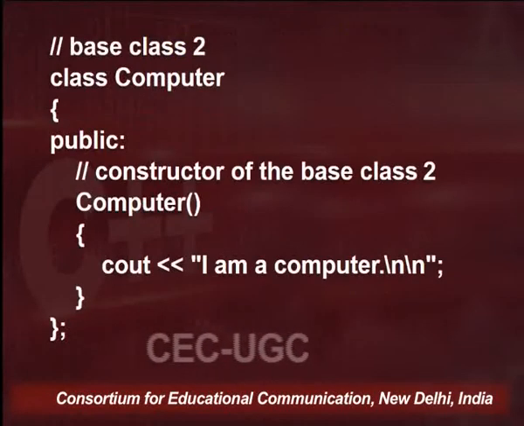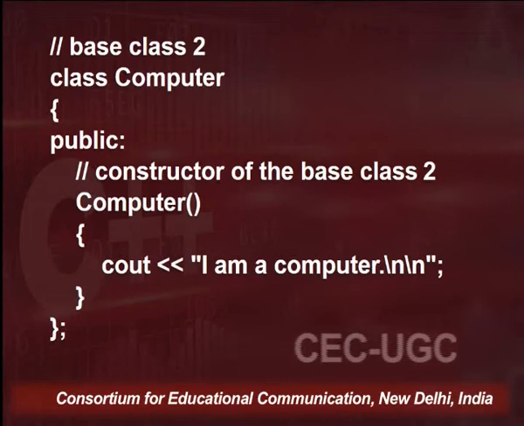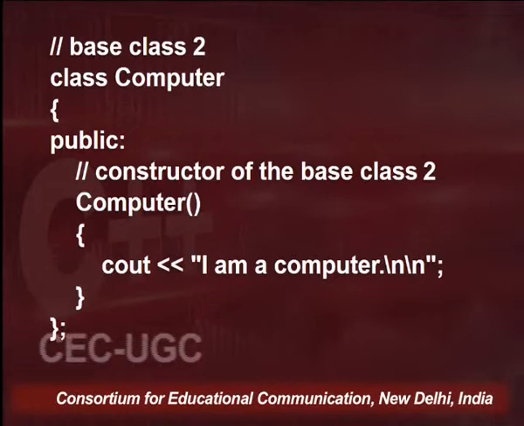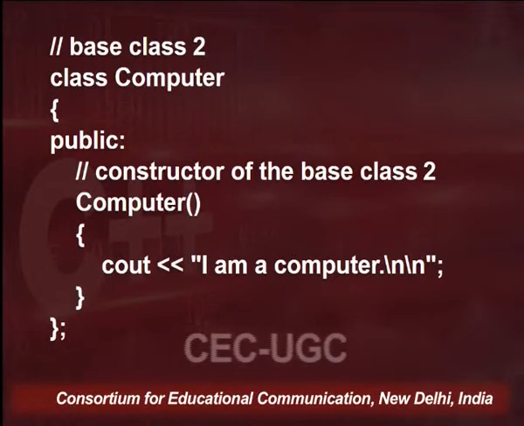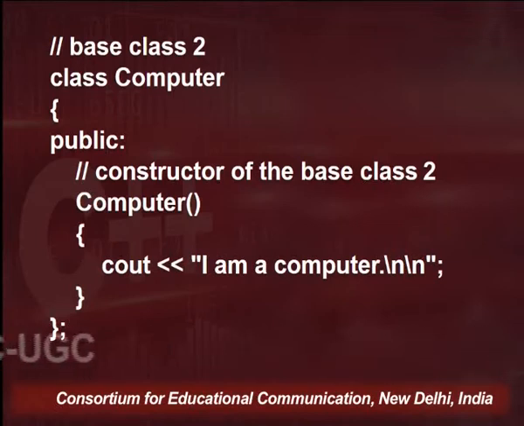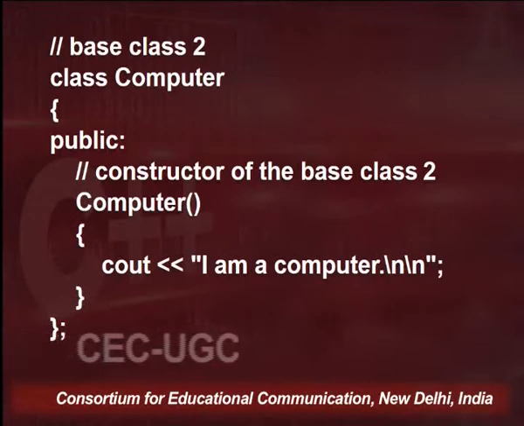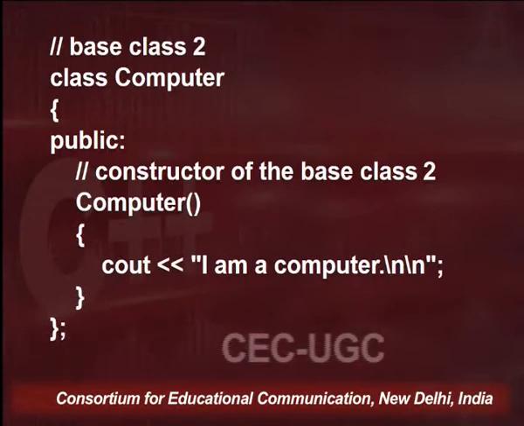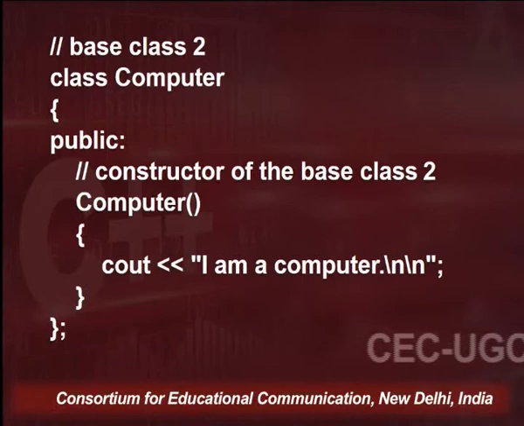Now coming to the other base class, we have one class Computer. This class Computer also has, in its class definition, one standard constructor, obviously under the public section, and this prints on the screen, "I am a computer."